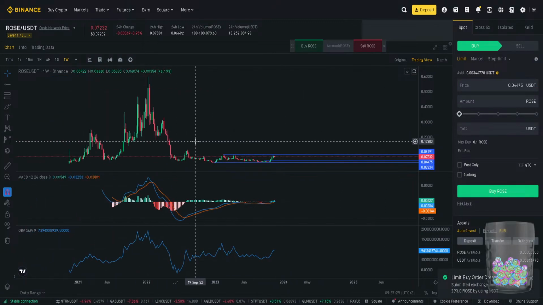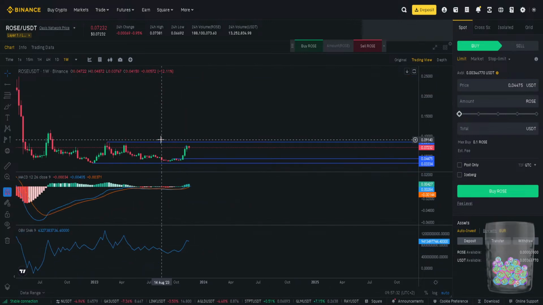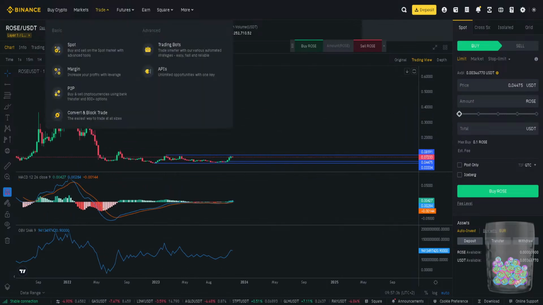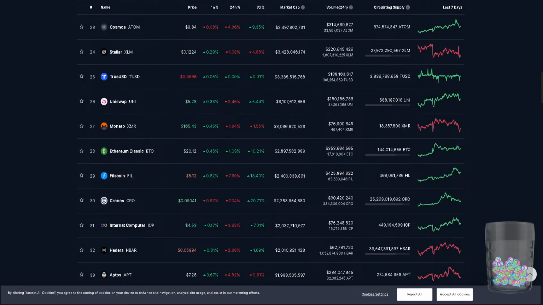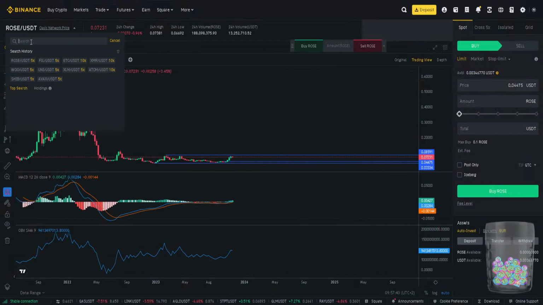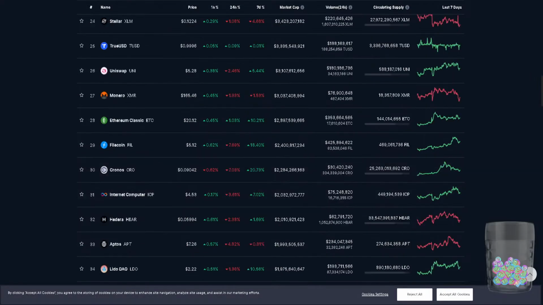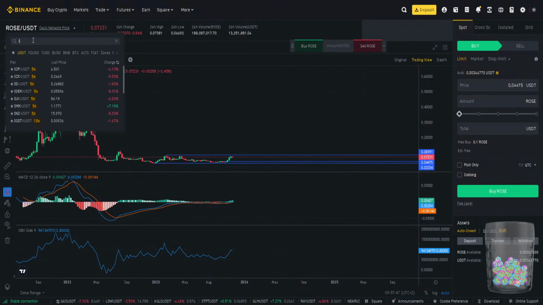Okay, good. Another really nice chart. Strong bullish divergences here. Kronos. I don't think it trades on this chart. Yeah, it doesn't. ICP. This was a massive scam when it launched.